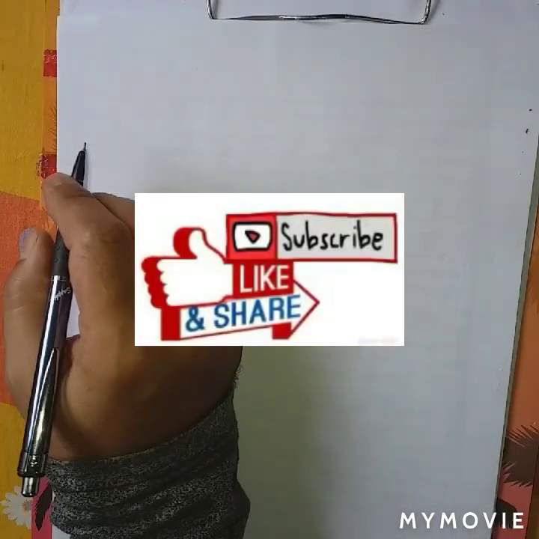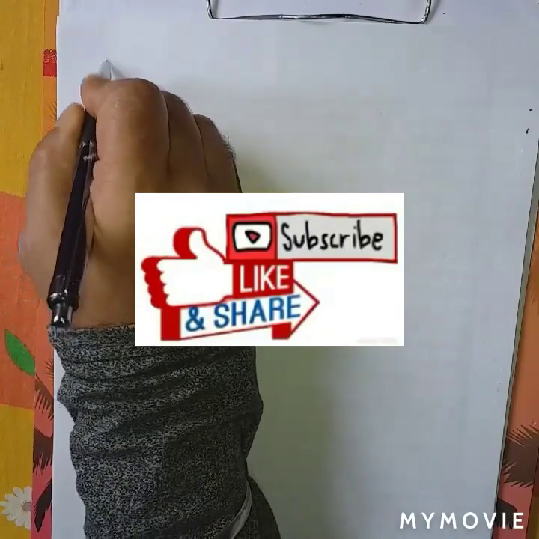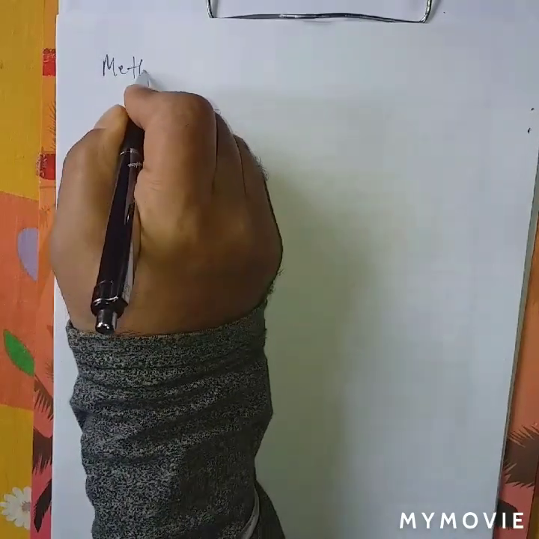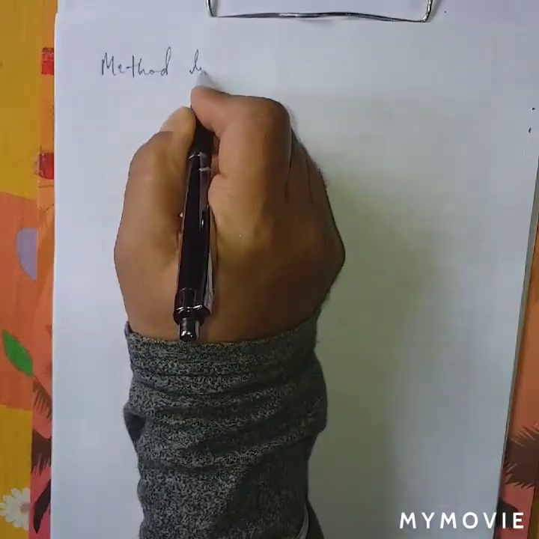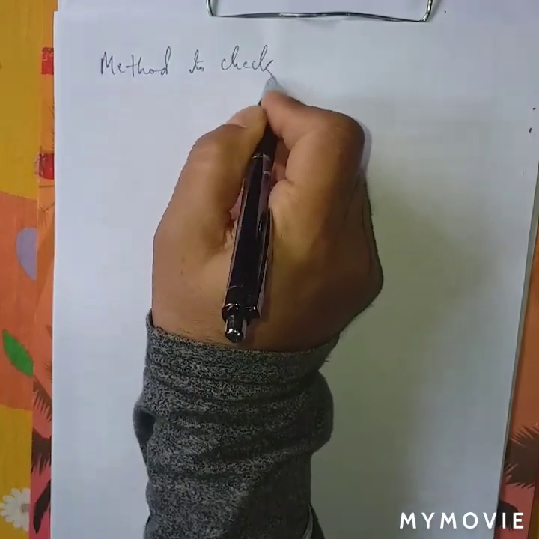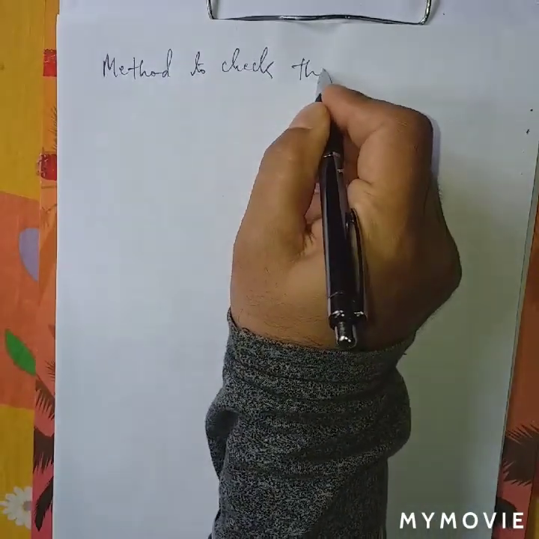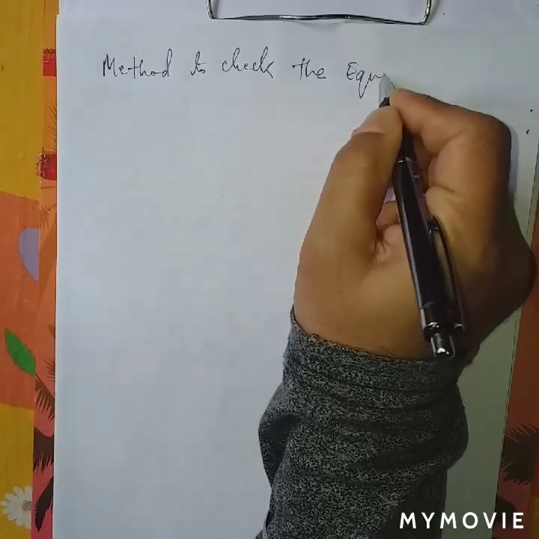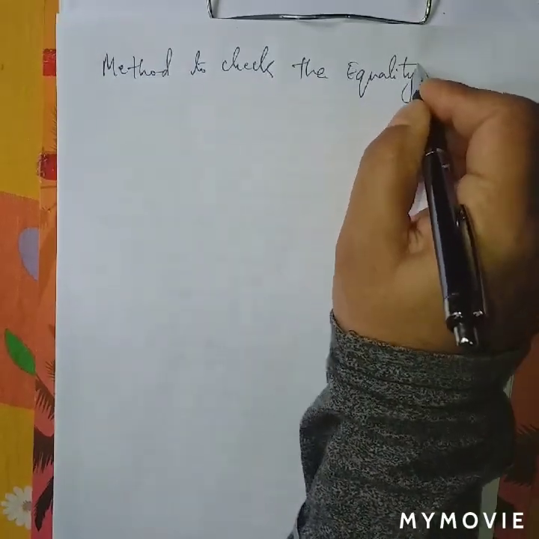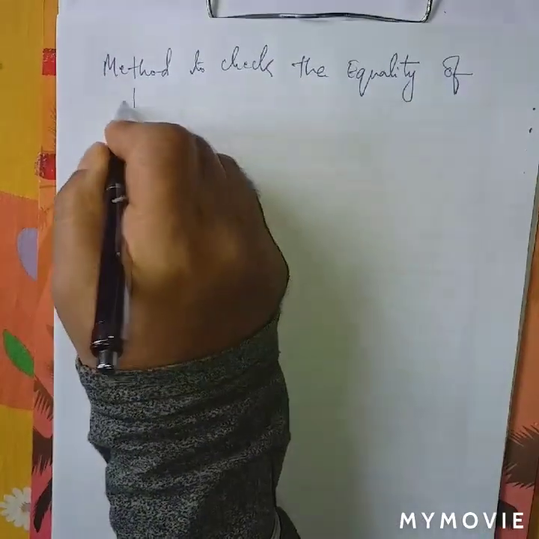Now methods to check the equality of two rational numbers. Let us see the method to check the equality of two rational numbers.